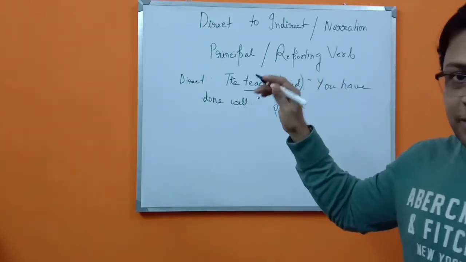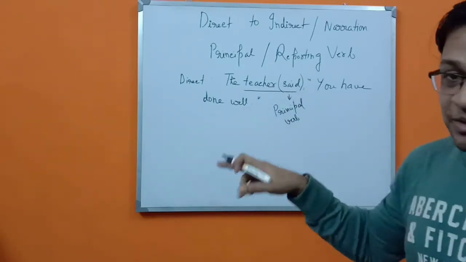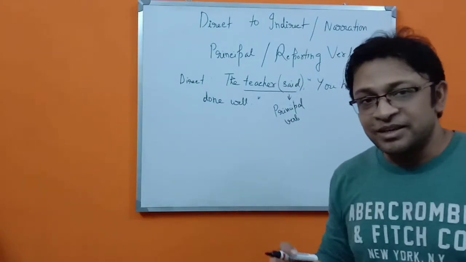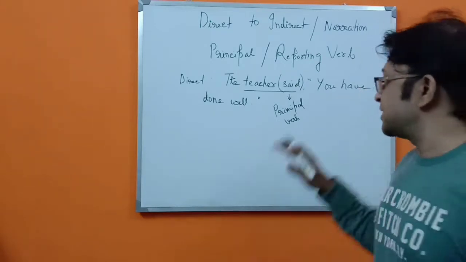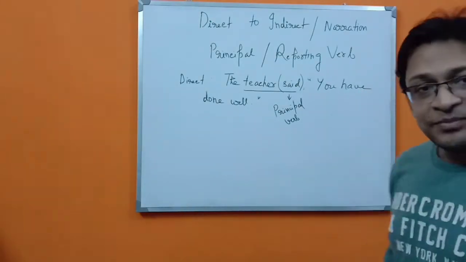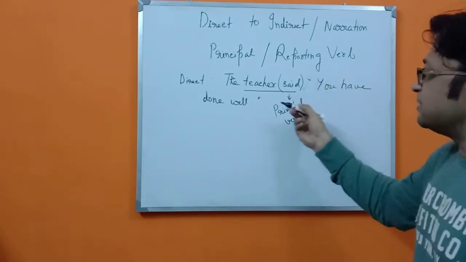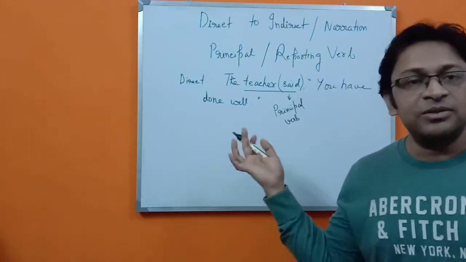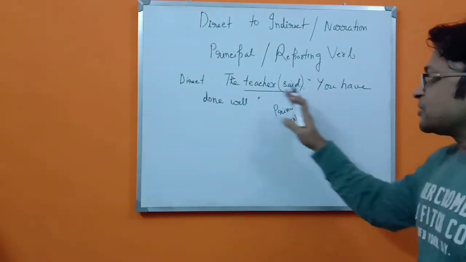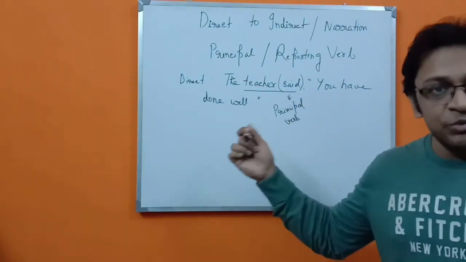Everything depends on this, because this is the only thing by which you are going to change the whole sentence. The next thing to see is the punctuation, this comma, these inverted commas, full stops, because they are also very much related to this.